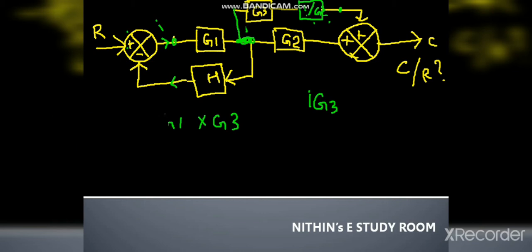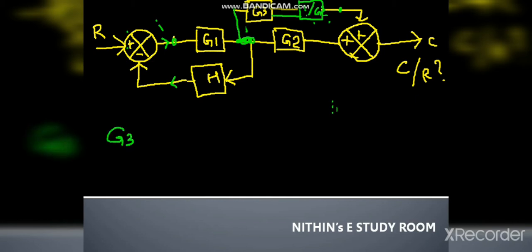Step 3 means, okay, in step 3 you can simply eliminate these two blocks. You can simply merge these two blocks. How can you merge these two blocks? They are cascade blocks. Cascade blocks can be multiplied, and a new block can be constituted, that is G3 into 1 by G2, that is the new block, or that is equal to G3 by G2. That is the case. Okay.